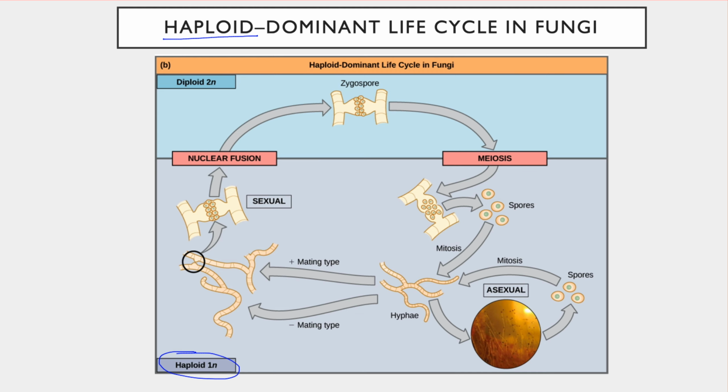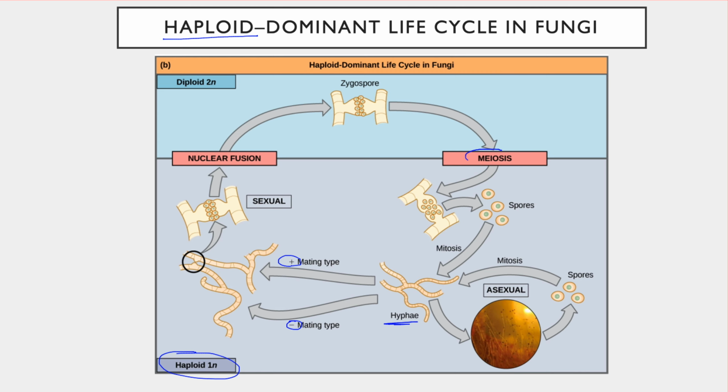These cells create a network of cells that we call hyphae, and these hyphae actually have some specialized cells that we call plus and minus, and they will fuse together, and then these particular cells or locations within the hyphae will go through a process that we call meiosis.